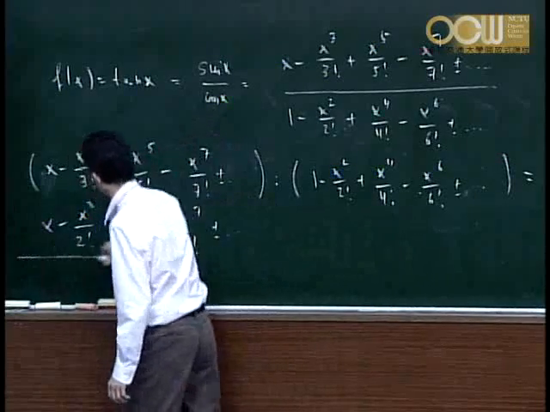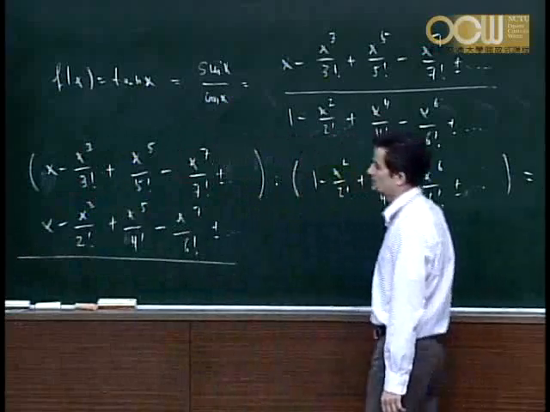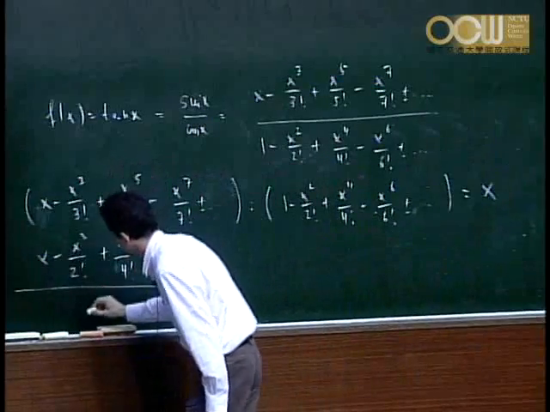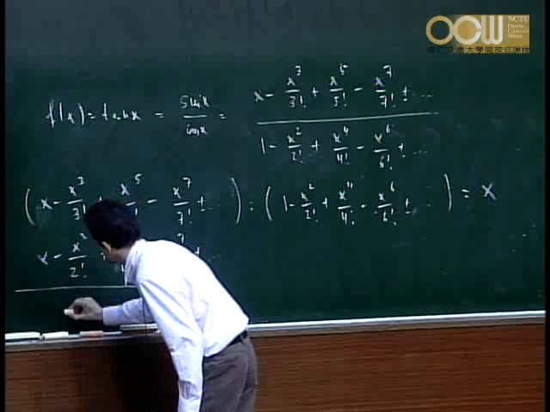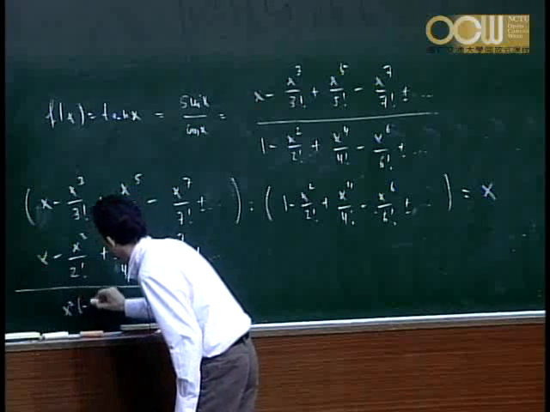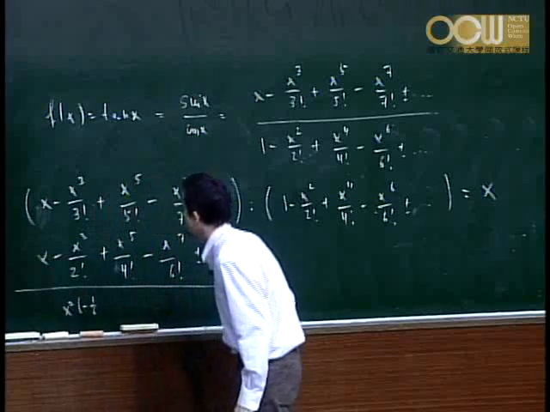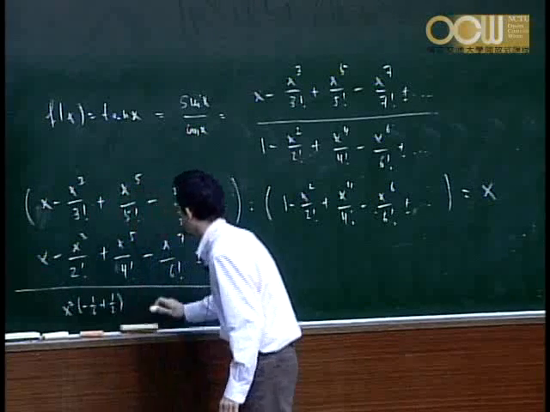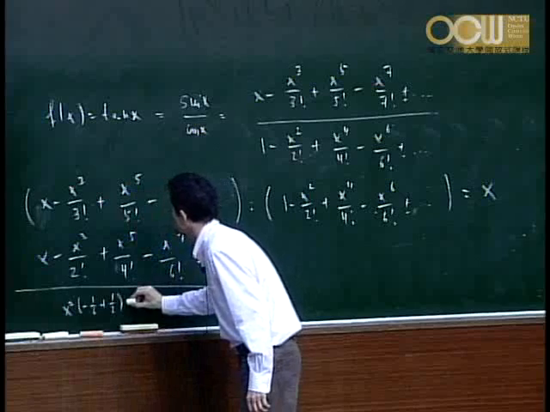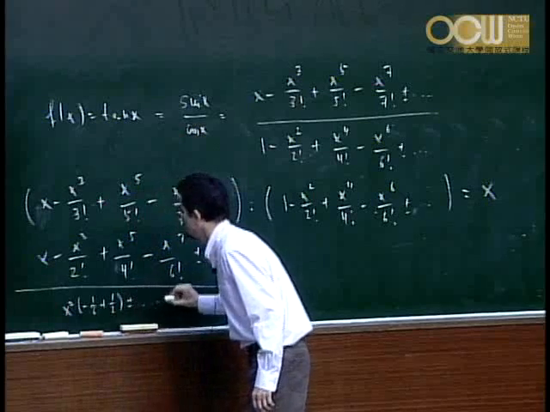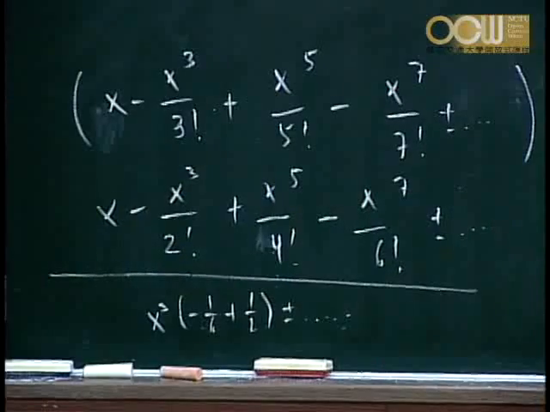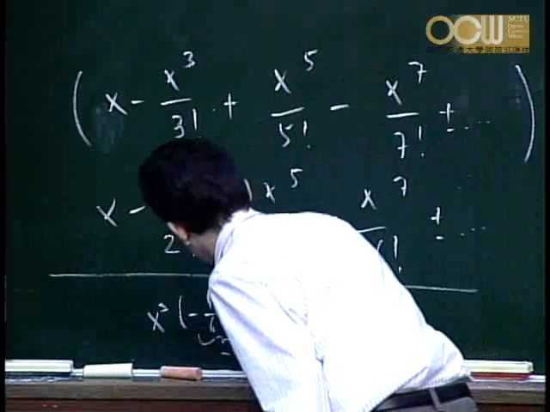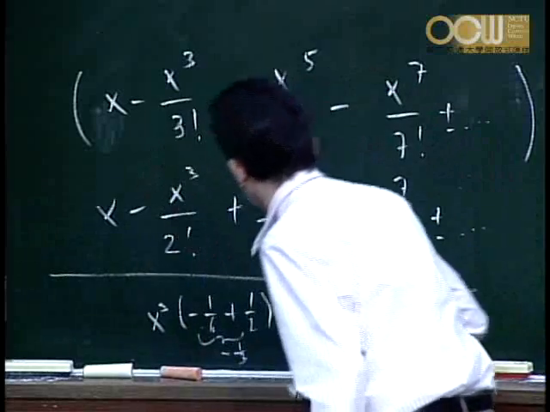And now I have to subtract this one from this one. So this one here cancels out. And for the x cubed term, what do I get? I have minus 1 over 6 plus 1 over 2, and then other terms, plus minus, and so on. So you see that this term here is minus 1 over 3.